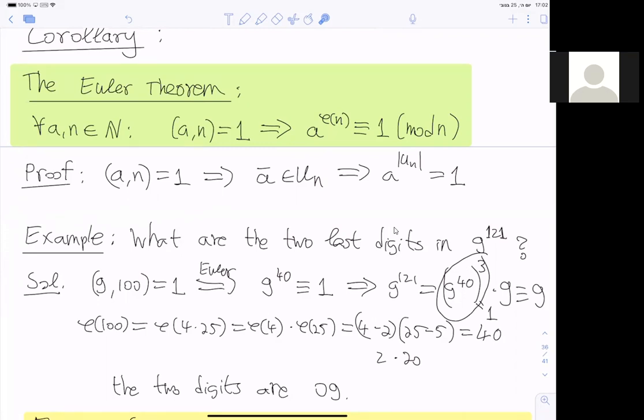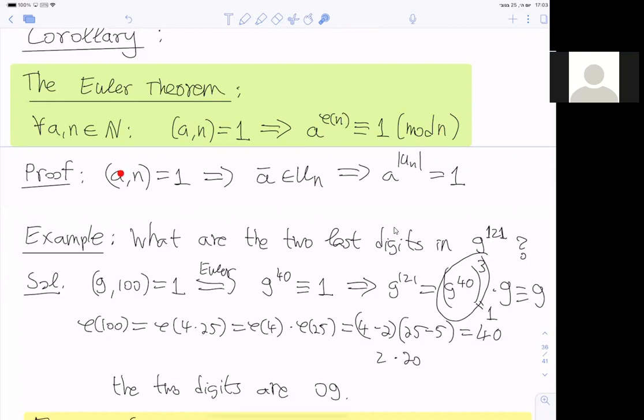So what does Euler say? Euler says that if you take a natural number A that is co-prime to n, then A to the power of phi of n is 1 modulo n. And why is it true?